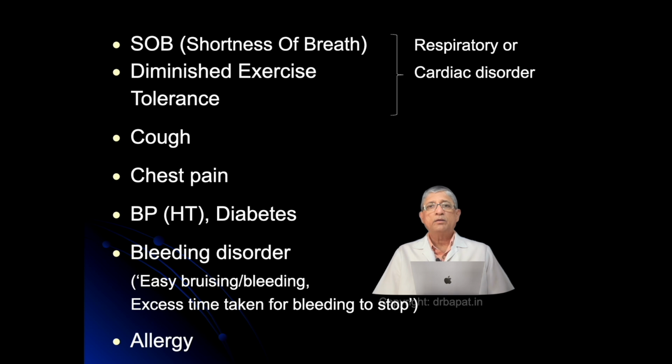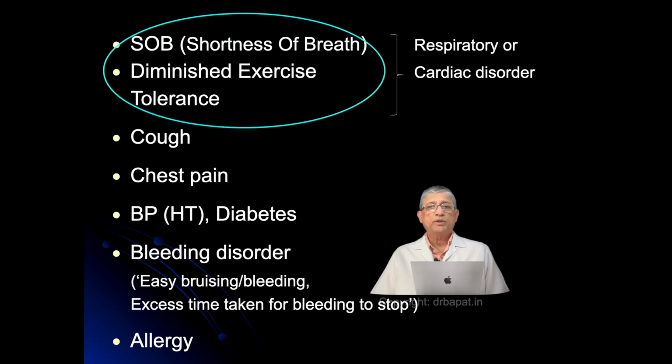Shortness of breath, diminished exercise tolerance. These two symptoms are common to both respiratory and cardiac disorders. Cough suggests predominantly respiratory disorder, whereas chest pain suggests predominantly a cardiac disorder. Now see how the combinations of these symptoms help you to fix the most probable site of disease.